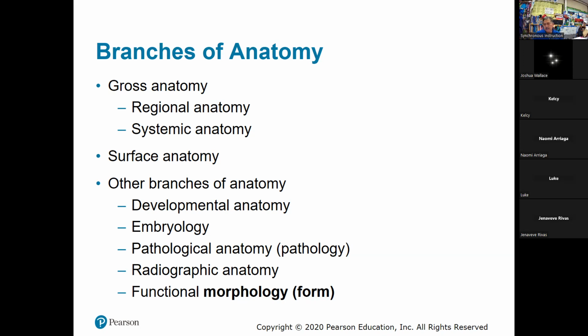And then as we study diseases and such, that is pathological anatomy. Radiographic anatomy has to do with taking images, X-ray images, for example, to help us diagnose and understand what's happening in different diseases.